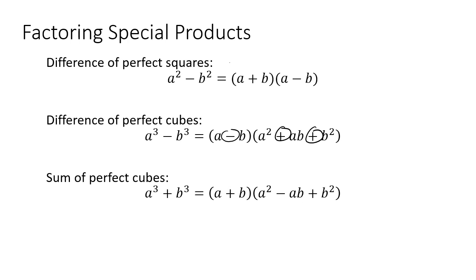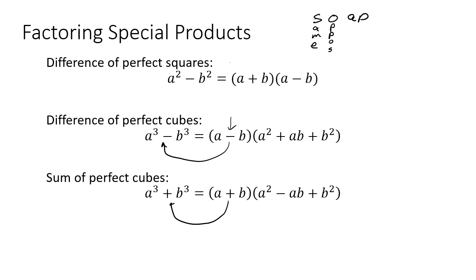And the way we remember that is with the word SOAP. It stands for same, because the first sign is always the same as what's between your perfect cubes. The O in SOAP stands for opposite, because the second sign always flips from the first.